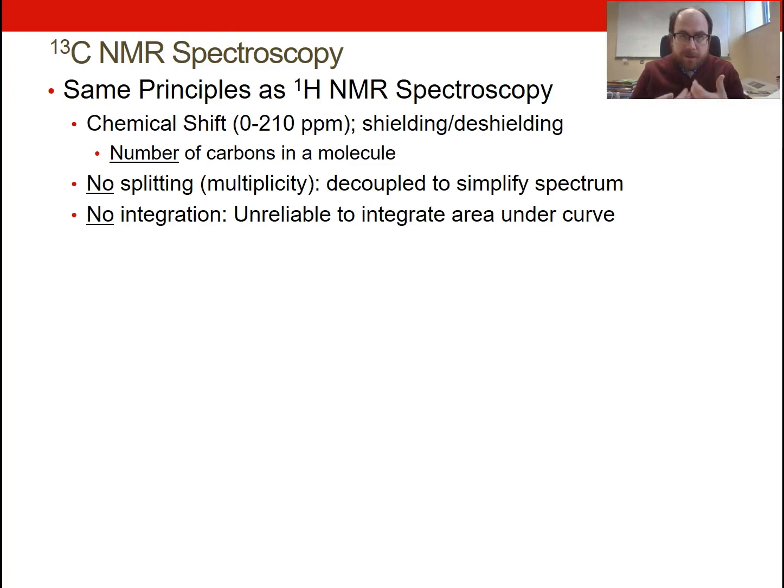So in some ways that again makes it easier for us to analyze the spectrum, but also in some ways provides less information about the connectivity of each individual carbon. Also, we don't have to deal with integration for carbon NMR. So ultimately, we're not going to be dealing with the area under the curve to tell us essentially how many carbons are present within that molecule.